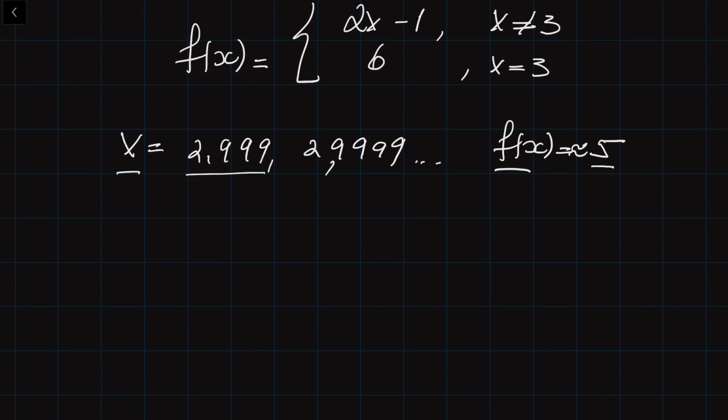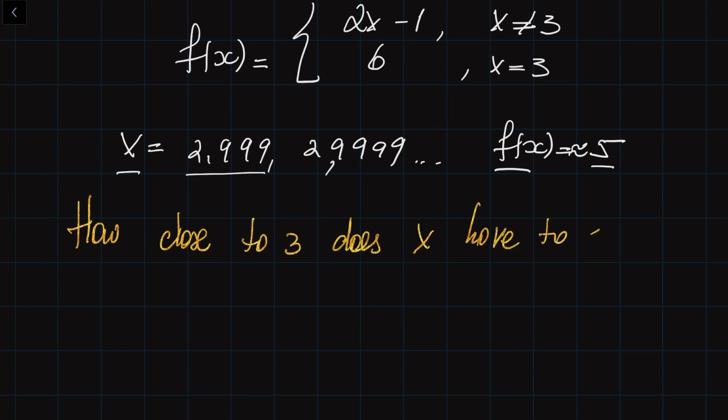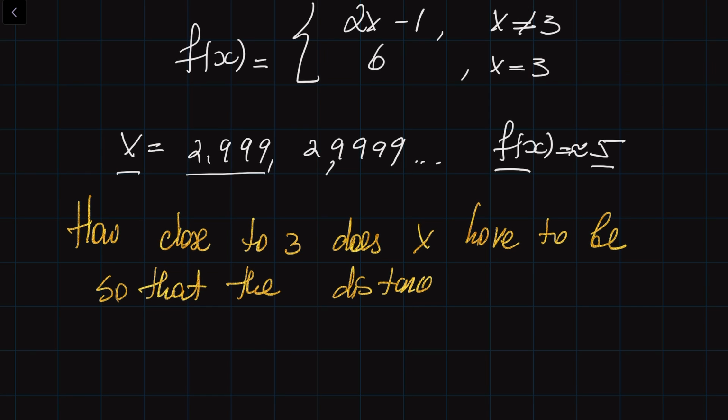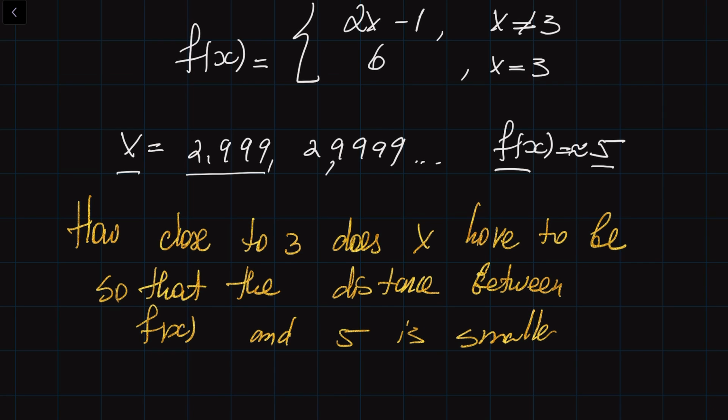So let me write this question down. How close to 3 does x have to be so that the distance between f of x and 5 is smaller than 0.1, right?